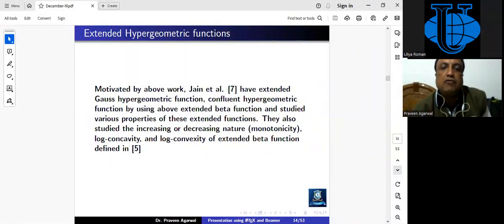Motivated by the above work, Jain et al. have extended the Gauss hypergeometric function and the confluent hypergeometric function by using the above extended beta function, and studied various properties of these extended functions. They also studied the increasing or decreasing nature, that is called the monotonicity, log-convexity and log-concavity of the extended beta function.